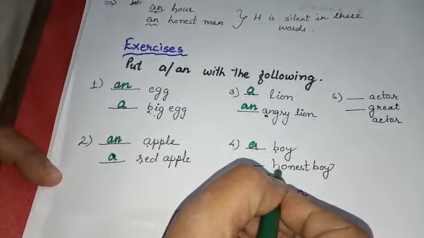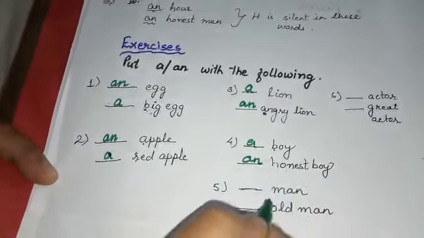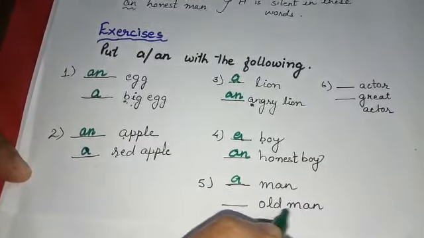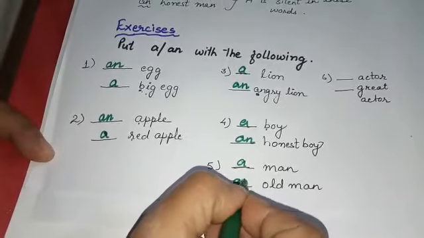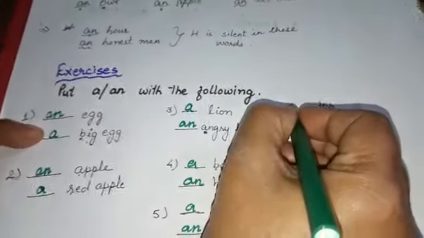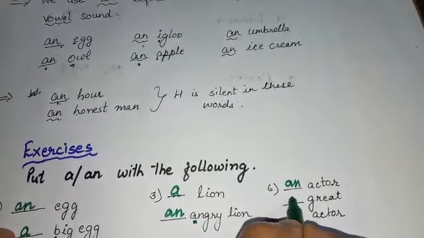We are not saying it honest. So, an honest boy. Man. A man. Old man. So an old man. Actor, having the A letter. An actor. Great actor. A great actor.